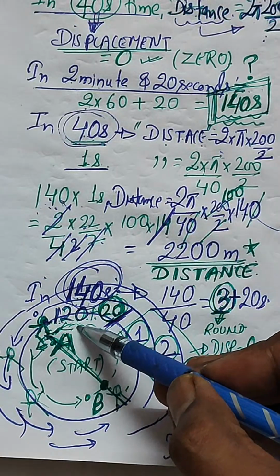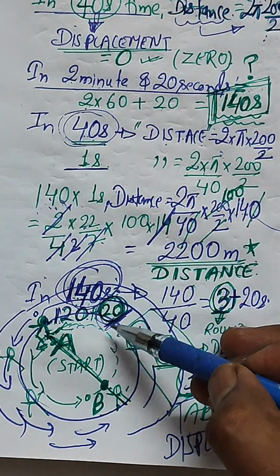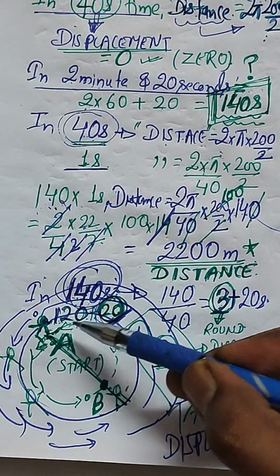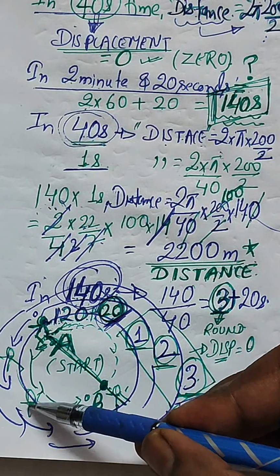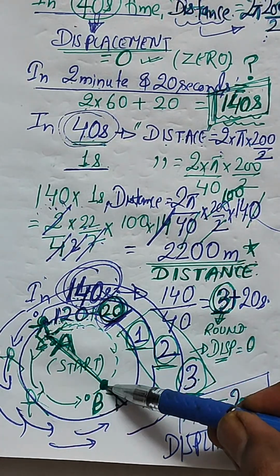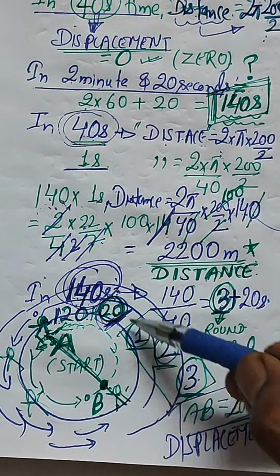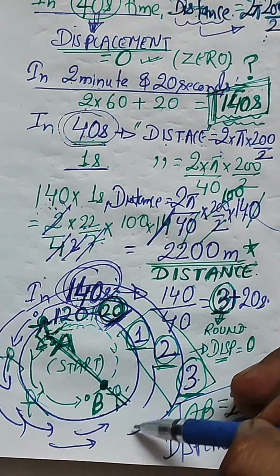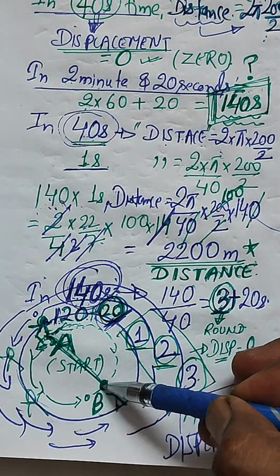So here we can see 3 rounds will be completed in 120 seconds and 20 seconds is left. So in this additional 20 seconds, the athlete keeps on running, and here he will be reaching at point B, because the capacity of the athlete is given to you in the question, that is in 40 seconds he completes one round, then definitely in 20 seconds he will be standing over here.